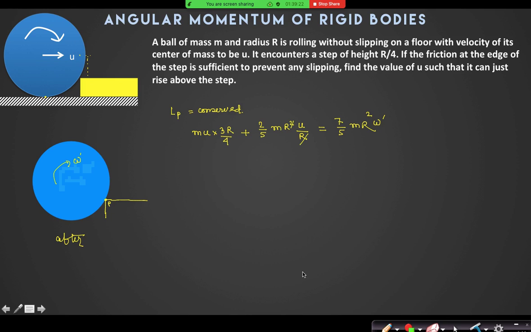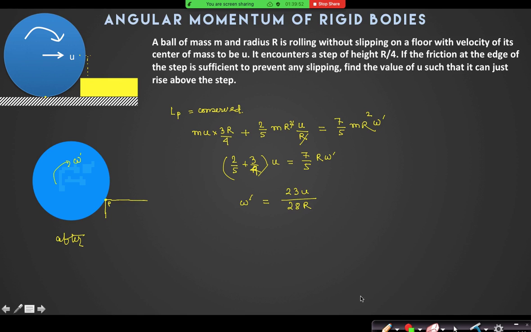Mr gets cancelled out. So 2 by 5 plus 3 by 4 into u is equal to 7 by 5 r omega prime. So omega prime we get 23u by 28r.